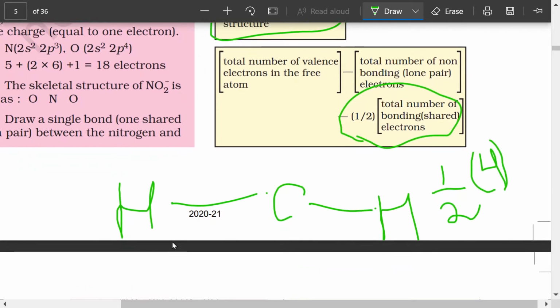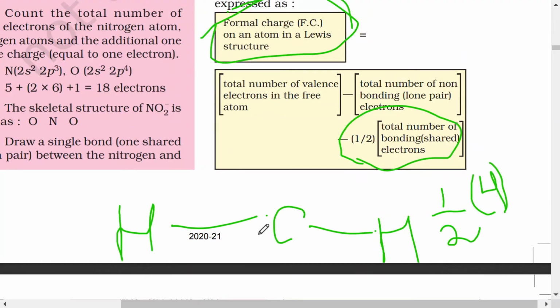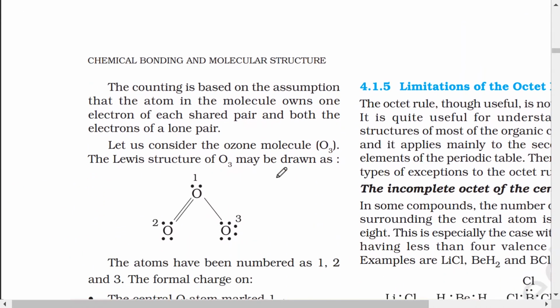Those are the shared electrons, right? So you will get the bonding electrons of carbon, like 2, right? Now, the counting is based on the assumption that the atom in the molecule owns one electron of each shared pair and both the electrons of a lone pair.